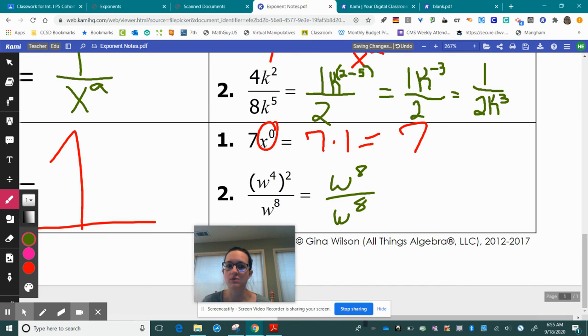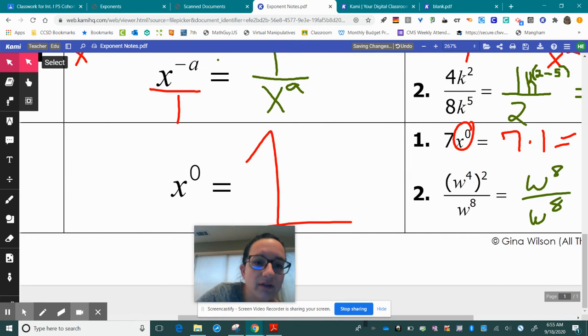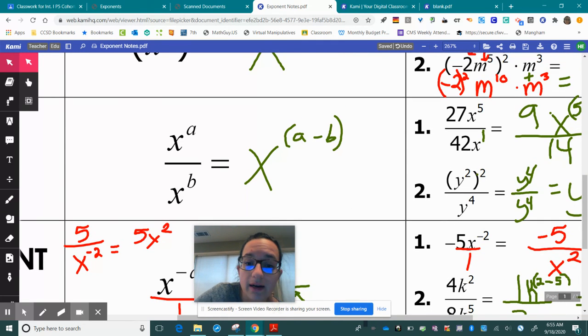Now we have 2 options at this point. You could simplify now. Anything divided by itself is 1. Or let's use our quotient rule. Since it is a quotient and we are dividing, we use that next lower level of exponents and we subtract. So x to the a power divided by x to the b power would be x to the a minus b.